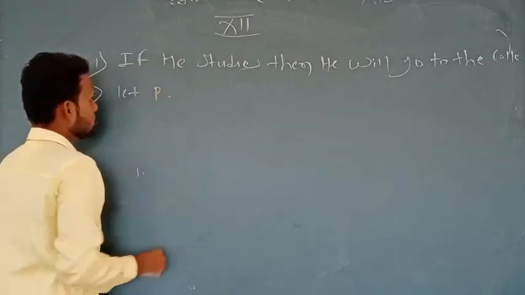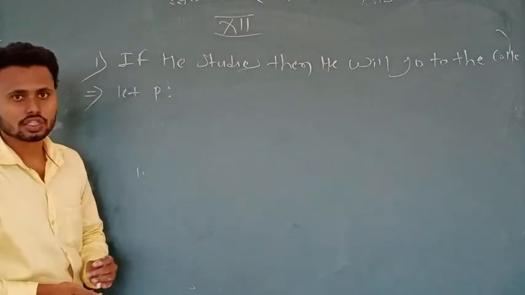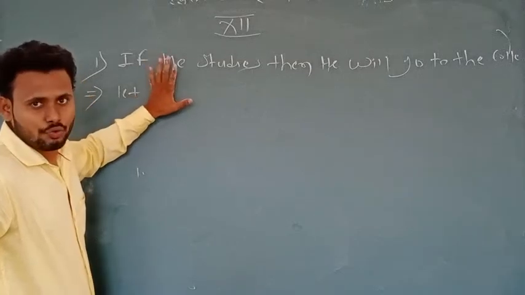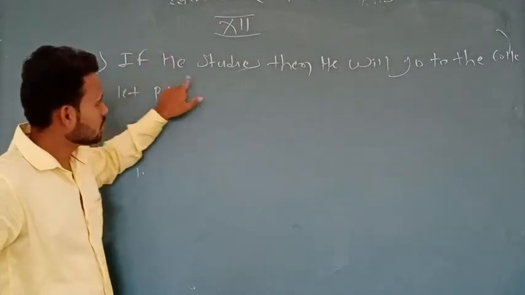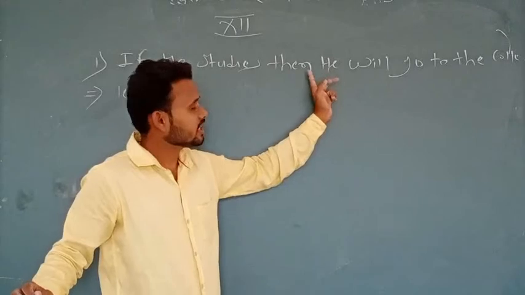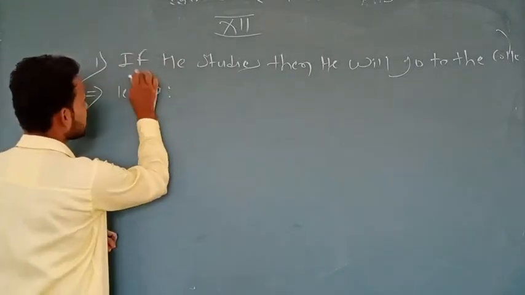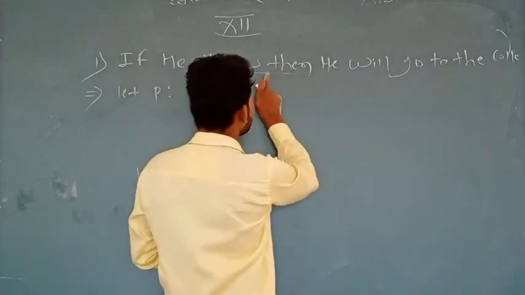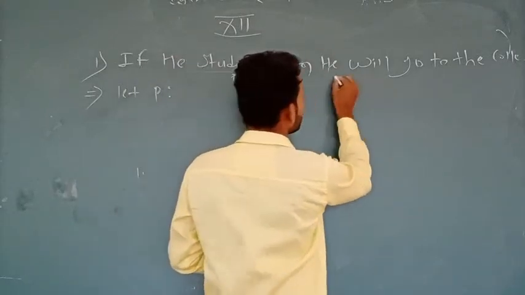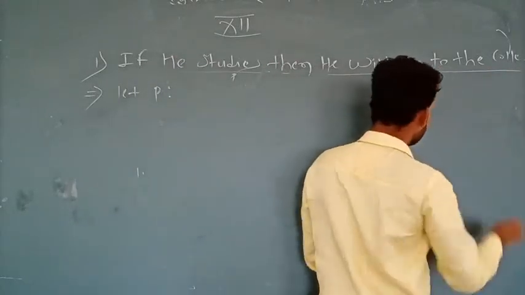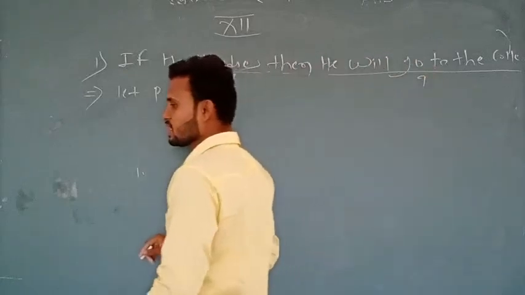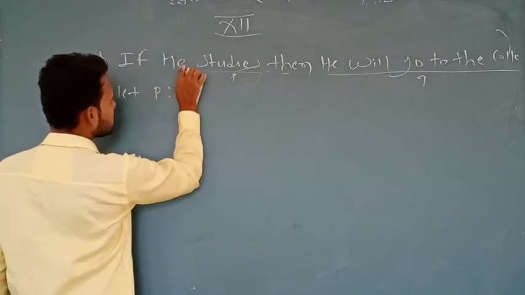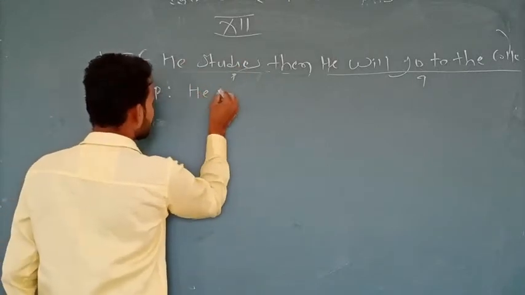Let P denote he studies. We want two simple statements. If P then Q: this statement denotes P, and this statement denotes Q. Means we get two simple statements. In the solution, first consider two simple statements.